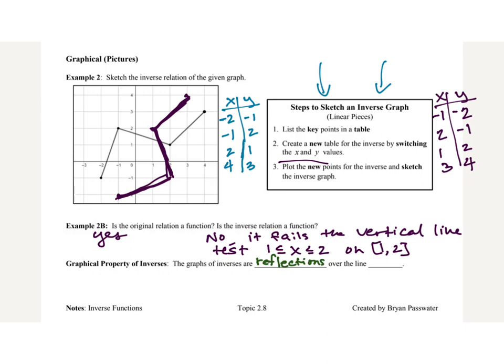This is not new, but it may have been a long time since you thought about this. What's that line? Y equals x. It's the parent function of a linear equation. I'll take it. So inverses are reflections over the line y equals x. That is the same every time. That always happens.